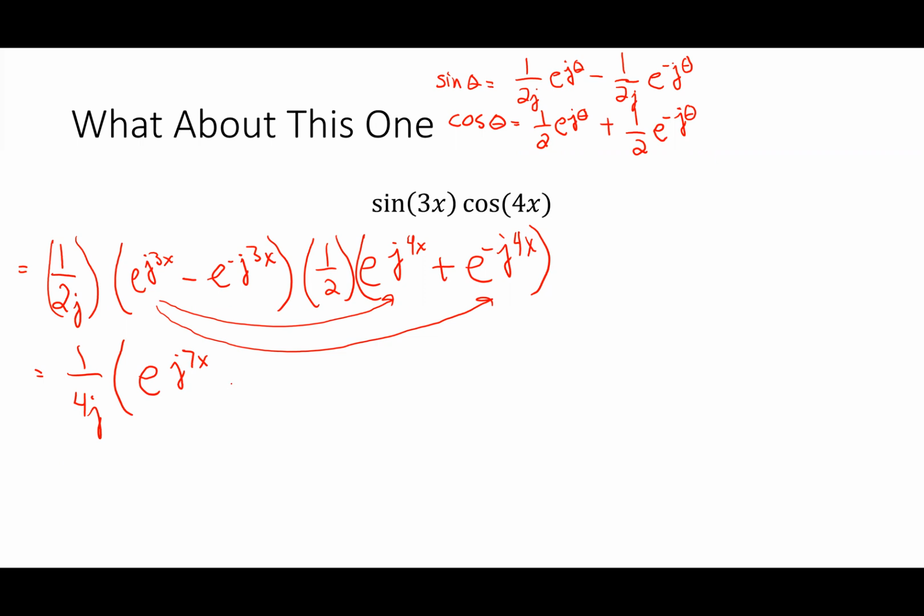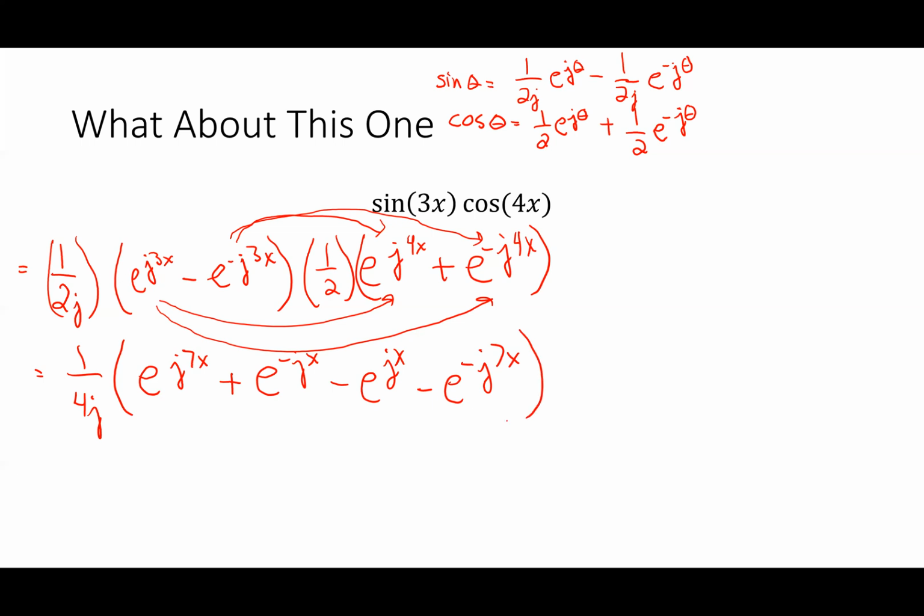It becomes e to the minus jx. Then I multiply the second term by both of these, and that becomes minus e to the jx minus e to the minus j 7x.